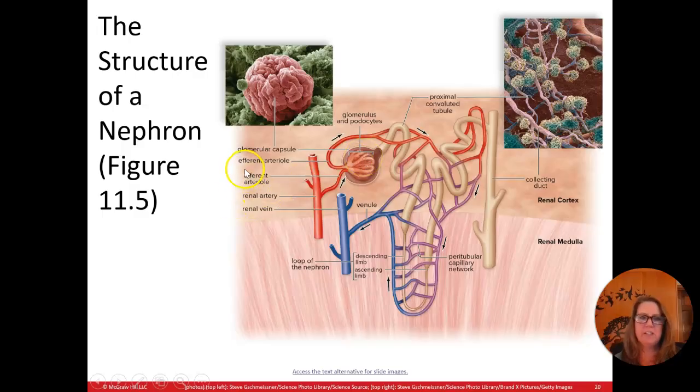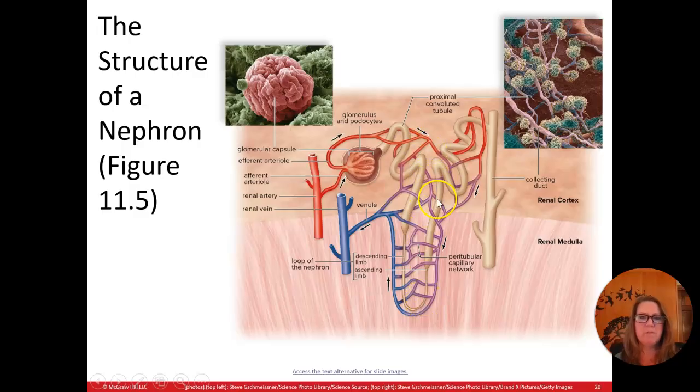So the afferent arteriole brings blood into the glomerulus, and the blood that is then coming out of that glomerulus is now going to be called the efferent. Here it is, the efferent arteriole. Essentially, you notice that this arteriole becomes a network of capillaries, what we call the peritubular capillary network, that is intertwined with the proximal and distal tubules and the loop of Henle.